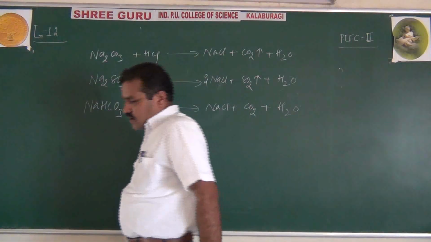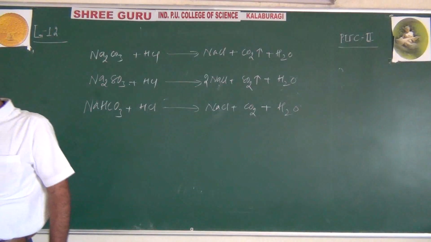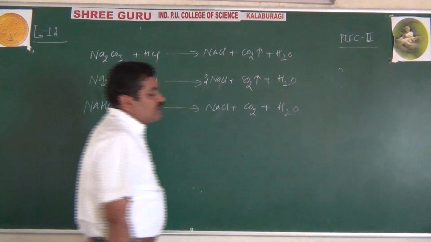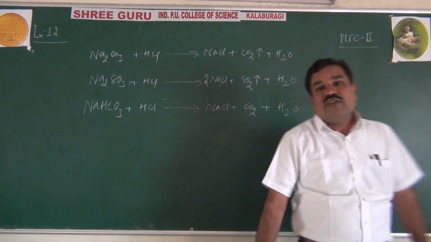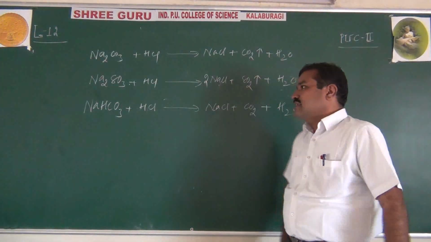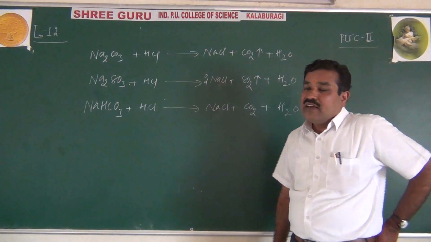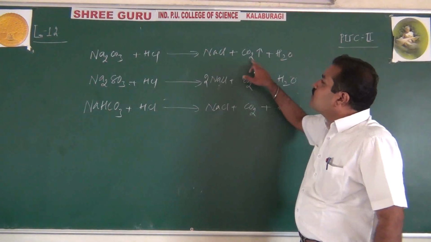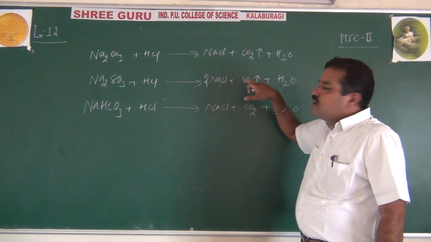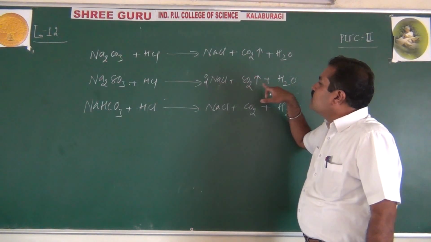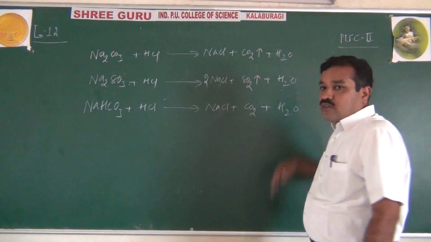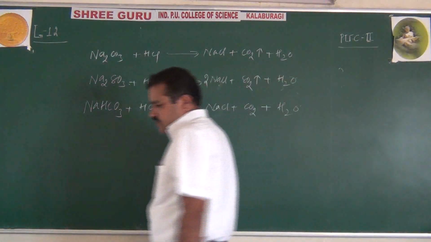These are the very important simple reactions of HCl. When dissolved in water, it is called aqueous hydrochloric acid. That's it. Okay. Dilute hydrochloric acid decomposes sodium carbonate to sodium chloride, carbon dioxide, water; sodium sulfite to sodium chloride, sulfur dioxide, water; sodium bicarbonate to sodium chloride, carbon dioxide and water. That's it.